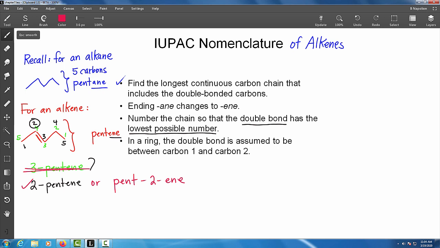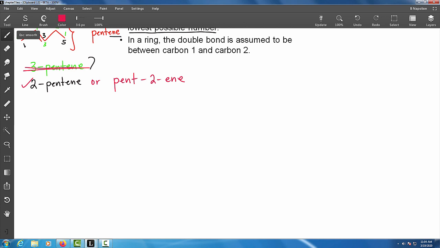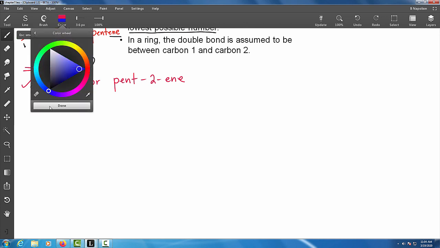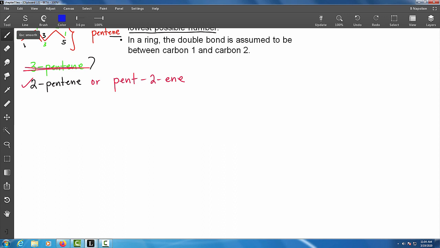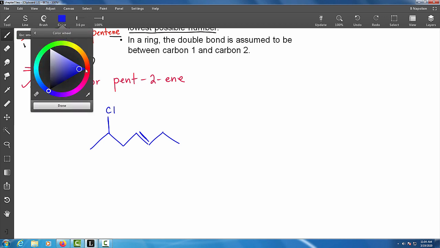Okay, so let's look at a case where we have a substituent. Let's say we have this, and I'm going to put the double bond here, but I'm going to put a Cl right there. Now let's recall, I'm going to number this in red.